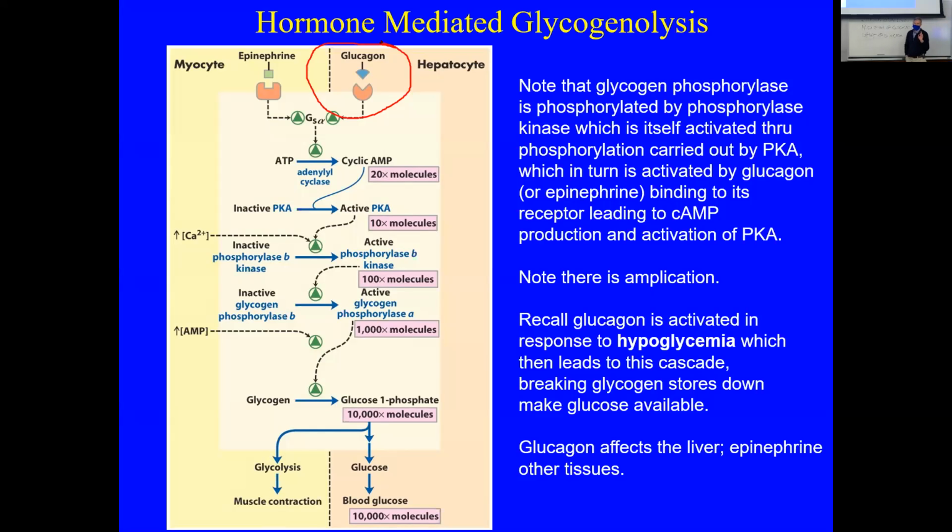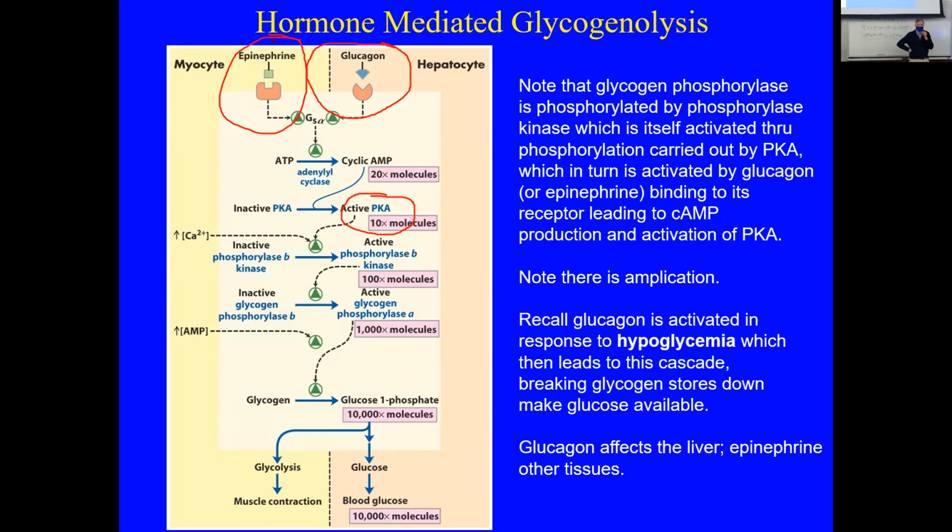Glucagon is going to regulate the liver. It has a receptor in the cell membrane of hepatocytes. As it binds there, this is going to lead to the activation of protein kinase A. In the skeletal muscle, epinephrine does the same thing. It binds to its cell surface receptor and leads to the activation of protein kinase A.